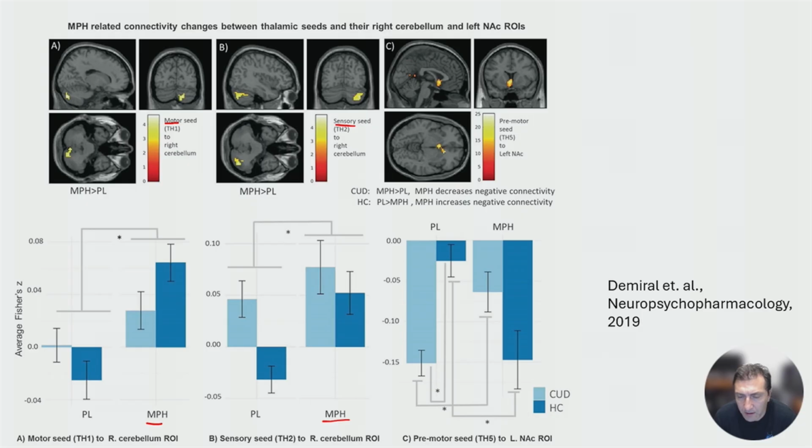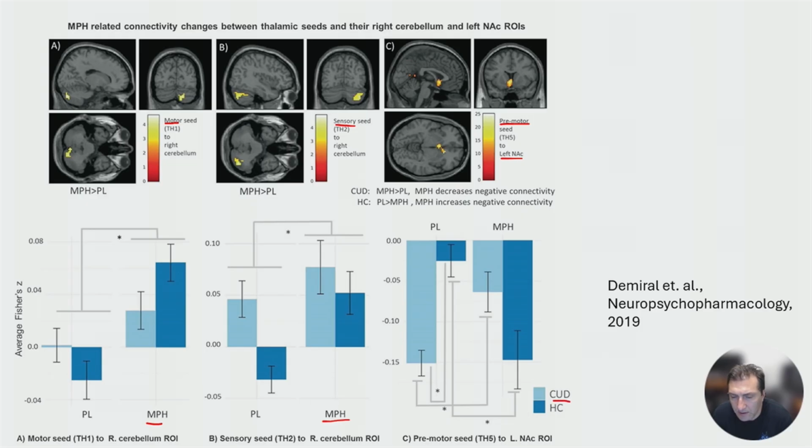However, methylphenidate had an inverse effect on the third connection we found, from the premotor region to the left nucleus accumbens region, which was much smaller and was actually an inverse, negative correlation, which was normalized by methylphenidate for the cannabis users.